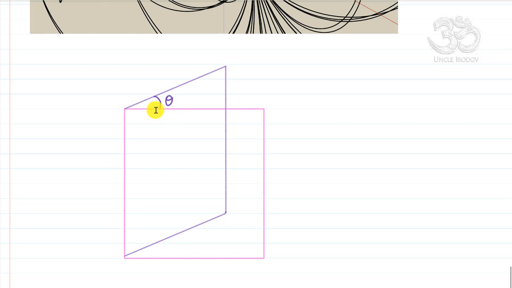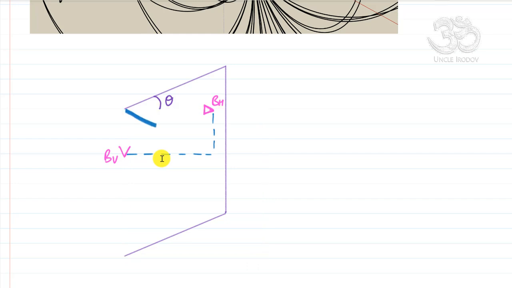So what is going to happen is that in this magnetic meridian, the magnetic field's horizontal component is BH, that is this pink arrow, BH, and the vertical component is BV, that is another pink vertical arrow, BV, and the net field in the magnetic meridian is going to be, let me draw it using blue color, this one.